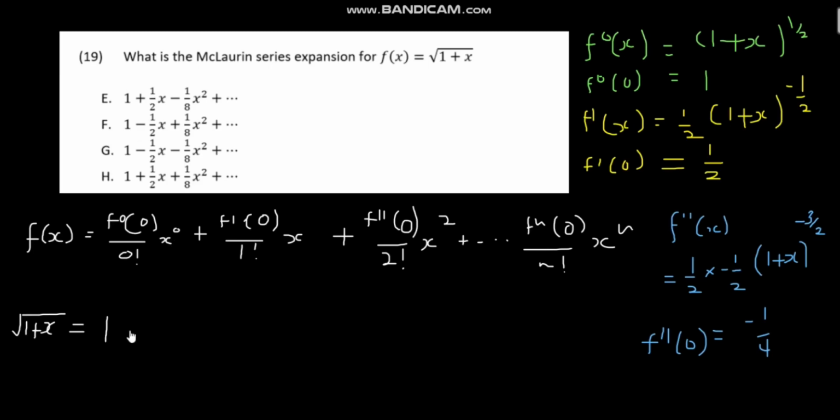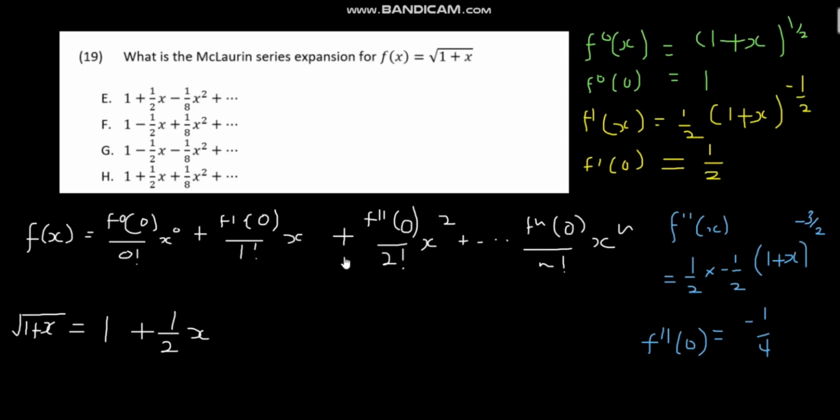So we will have 1 here. Then plus the first derivative of the function at 0, that's 1 over 2, divided by 1 factorial times x, so that will be plus 1 over 2 x.